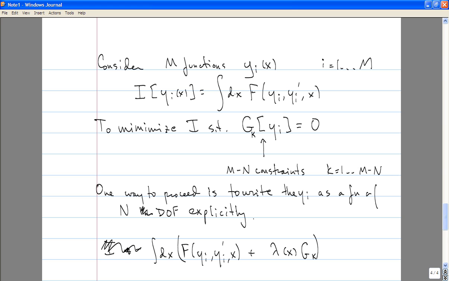And in general, if I have a bunch of different constraints labeled by some index k, then I will have k Lagrange multipliers, one for each constraint, and I must sum over lambda of x times g of x over all k's.